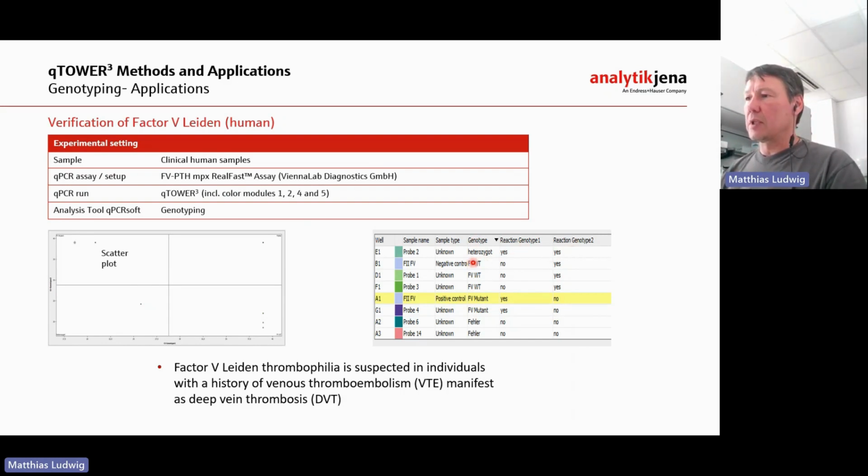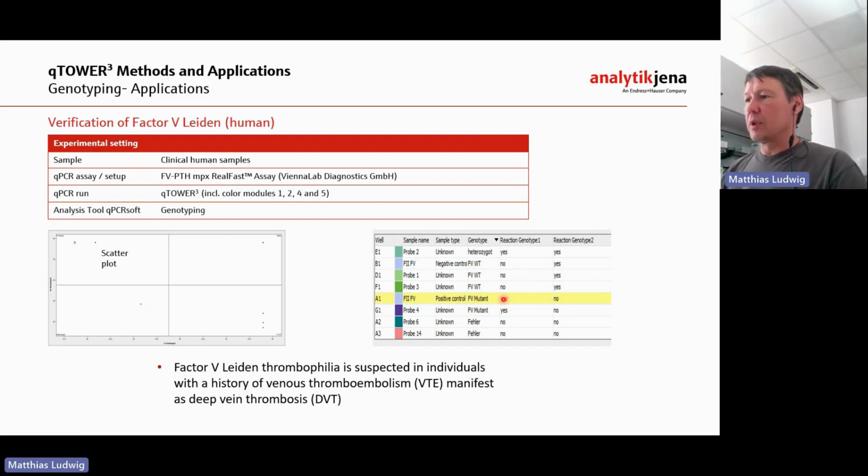For example, if there is a CT value for genotype 1 and also for genotype 2, the software calculates and gives you the information: okay, this is heterozygote. If you have only information for genotype 2, the software knows, okay, this is factor 5 wild type.